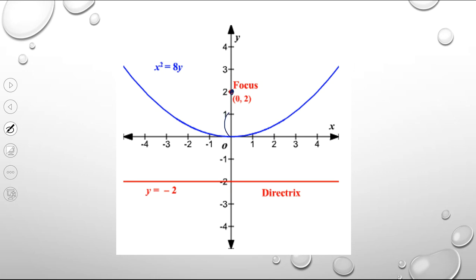It's 2 units above the vertex, which means the directrix would be 2 units below the vertex. Because they have to be the same distance. If that's 2 units long from the vertex to the focus, then it has to be 2 units long from the vertex to the directrix. So again, that information is very powerful to us. We can use that information knowing that it's going to be equal distance to find one or the other.